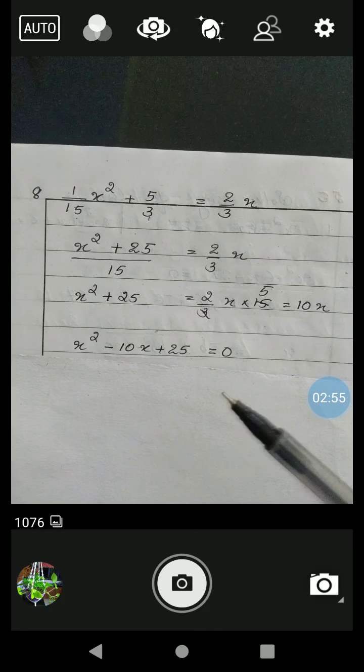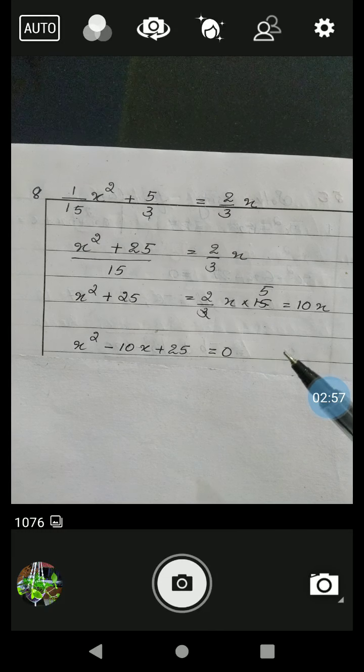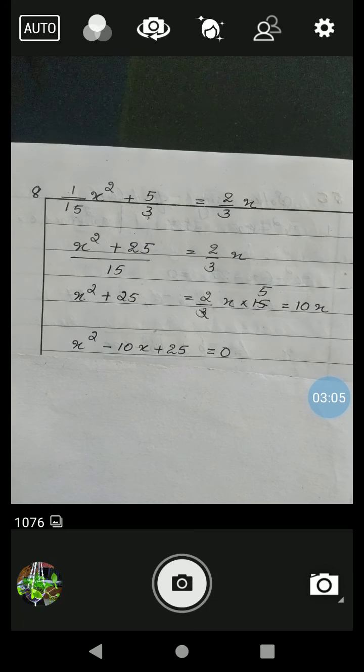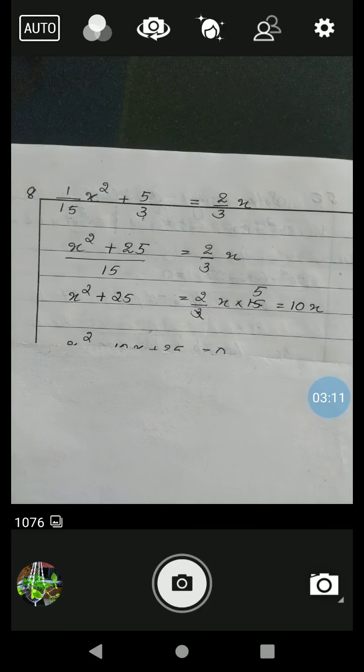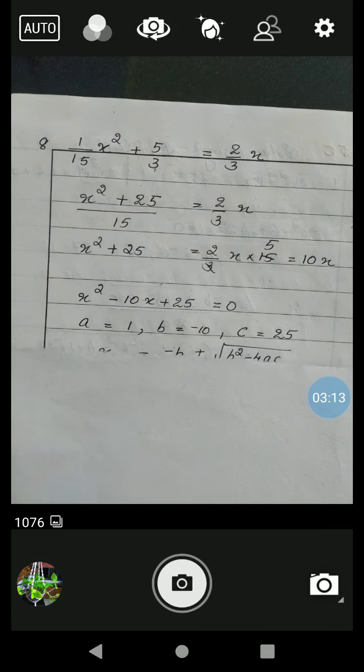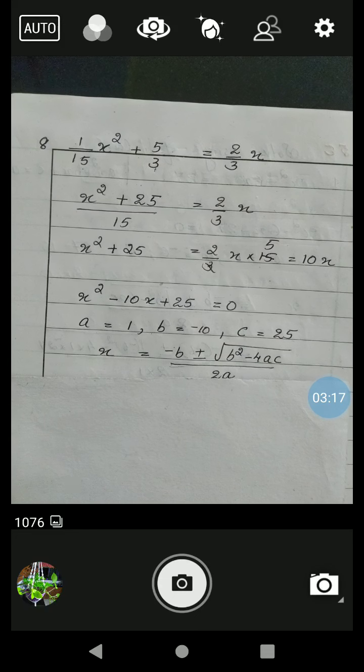Okay. Now we can substitute the values of a, b and c in the formula. First we can write the formula. For all questions you have to write the formula. X is equal to minus b. Before that we can write what is a, b and c.